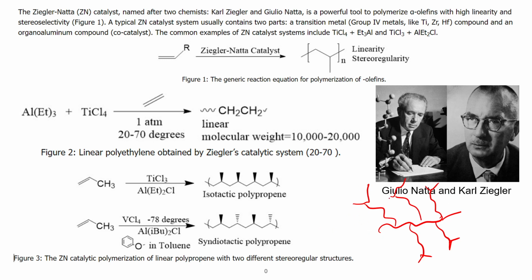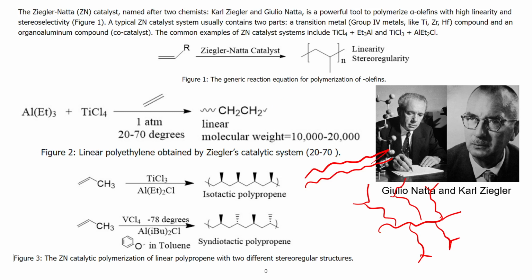To overcome that, this can be made using radical-based polymerization. And to have high density ones, we need highly non-branched units.